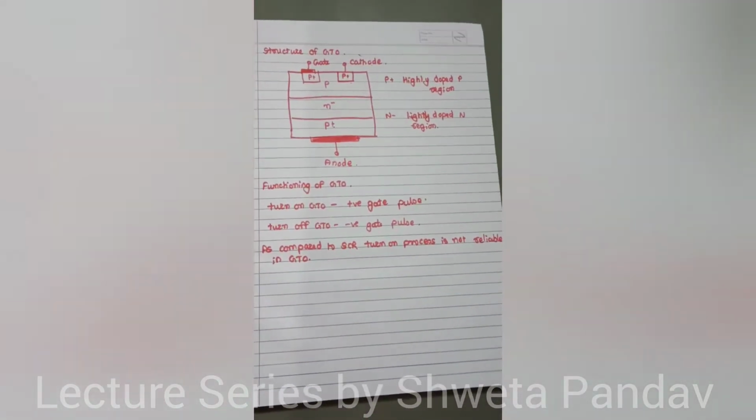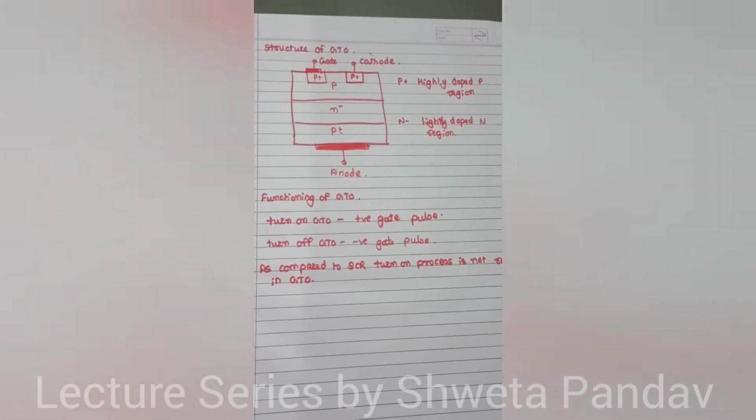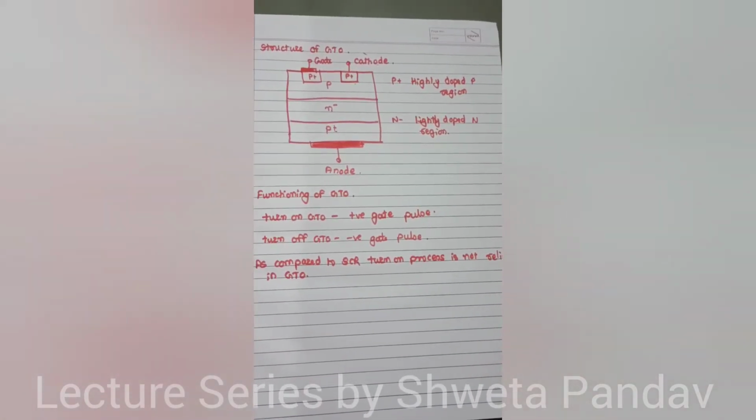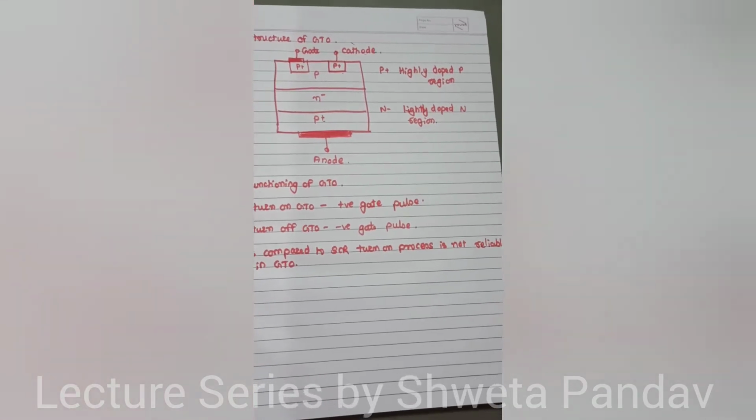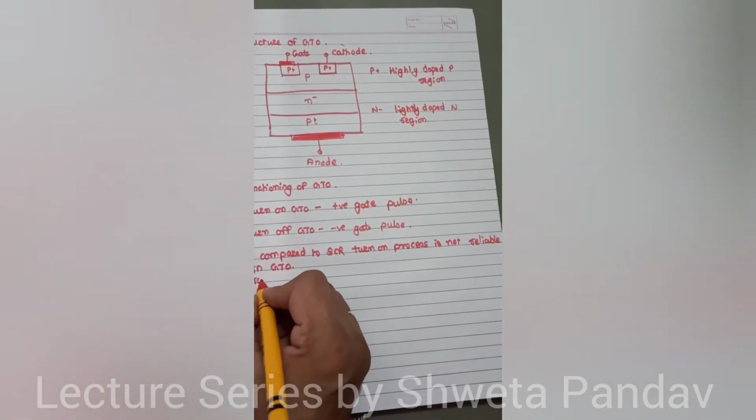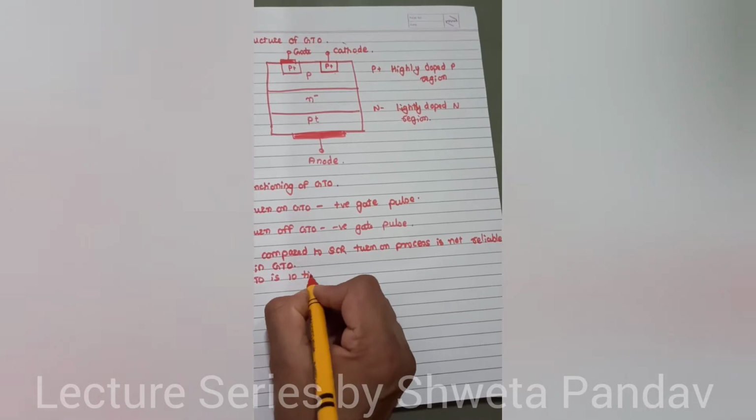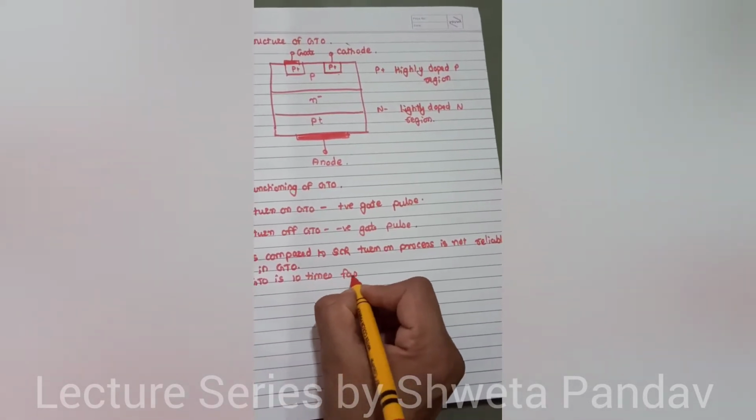As we compare the speed of operation, the GTO is 10 times faster than the SCR.